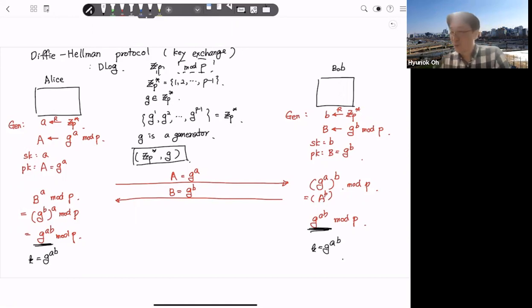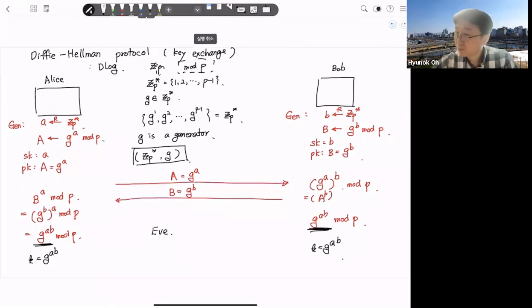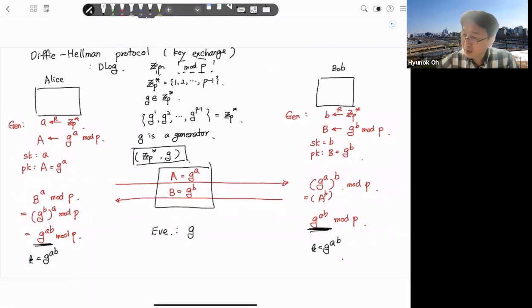Okay, so if an attacker, an eavesdropper, can look at these values, G to the a and G to the b, is it possible to compute G to the ab from these values?